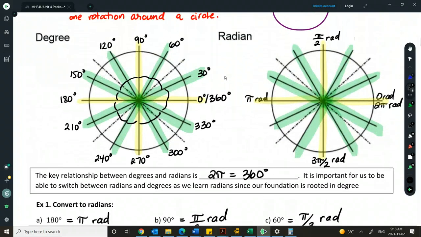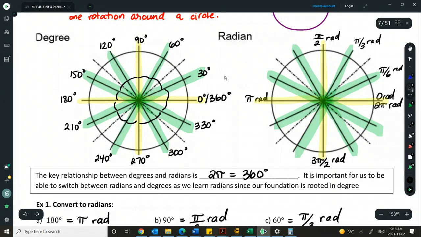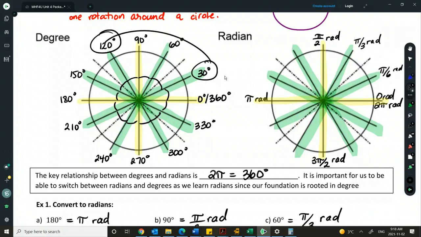Okay, so this is pi over 6, we said. That's equivalent to 30. This one is pi over 3. And I can use relationships like this, right? Like if I think about maybe the relationship between 30 and 120, then I can do multiples of these things and stuff like that. But I actually really like to fill this out by just counting.